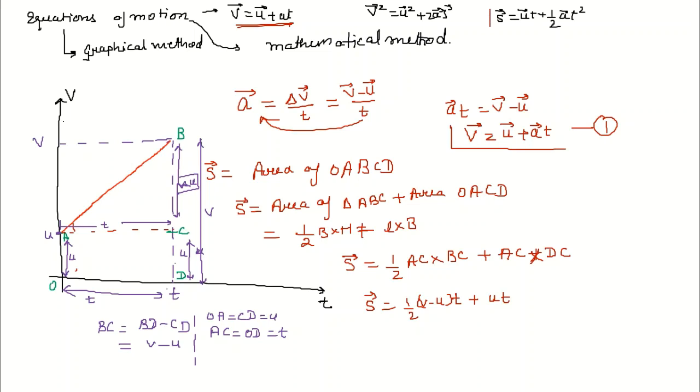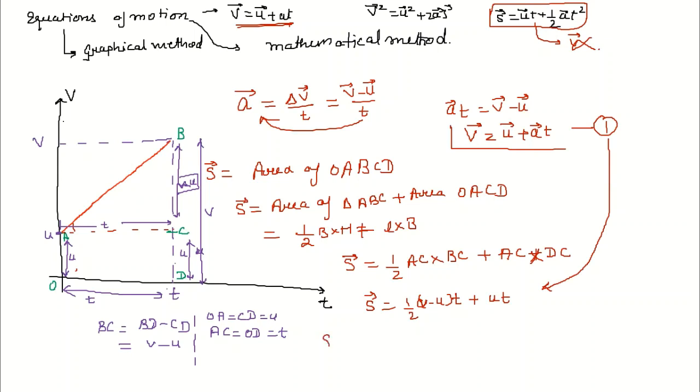In the second equation, s is equal to ut plus half at square. If we look here, I don't need v. v is not present here, but in my derivation v is coming. So what will I do? I'll substitute v from equation number 1, v is equal to u plus at.